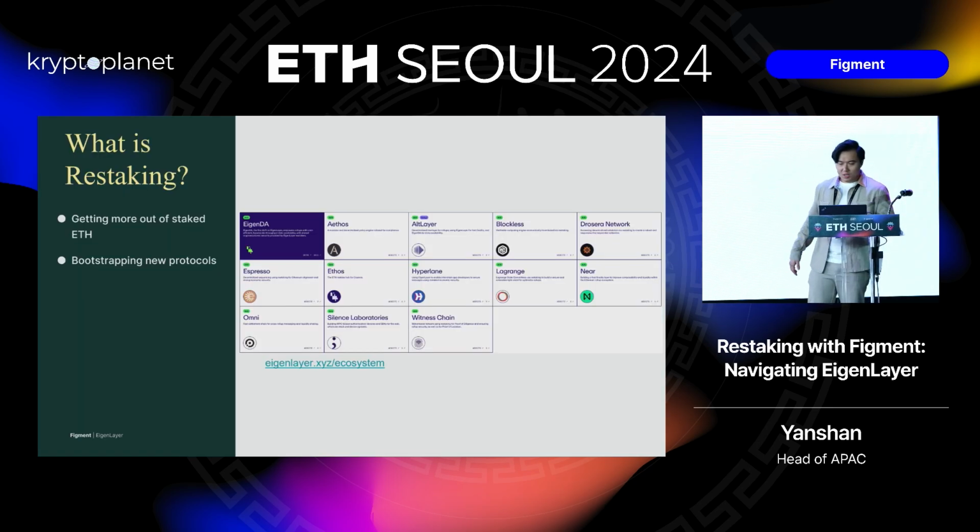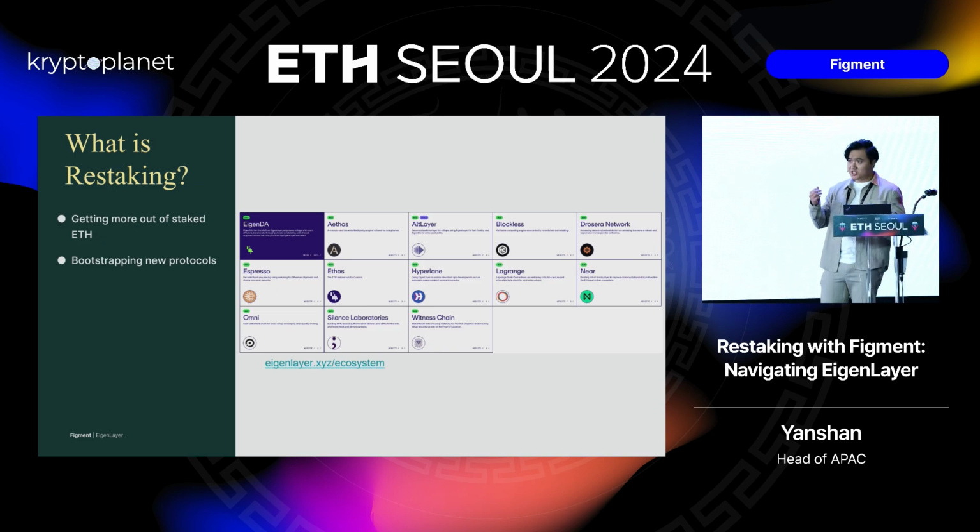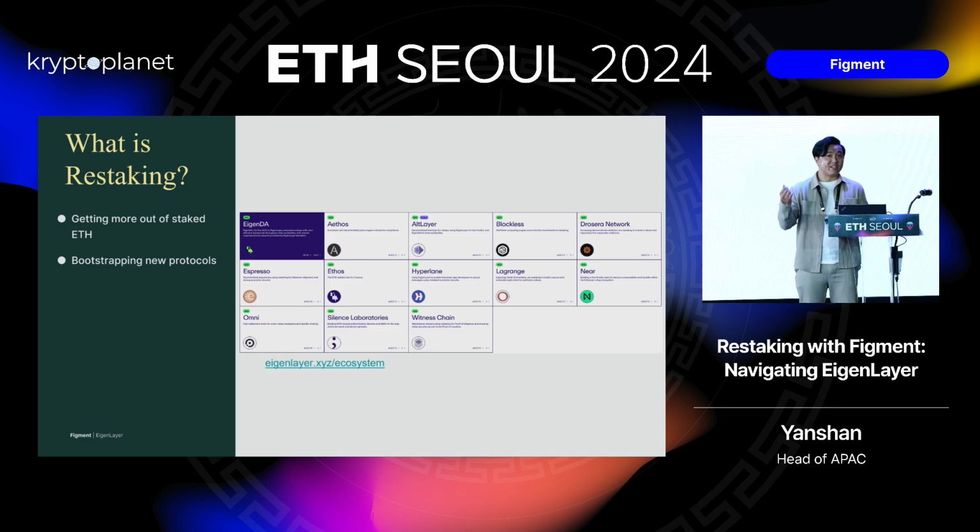So before I start on EigenLayer, I just want to talk about what restaking is on a higher level of understanding, right? Restaking is nothing more than securing multiple protocols with the same collateral, right? So essentially getting more out of your staked ETH. If you think about capital efficiency right now, many protocols are running on their own validator ecosystem.